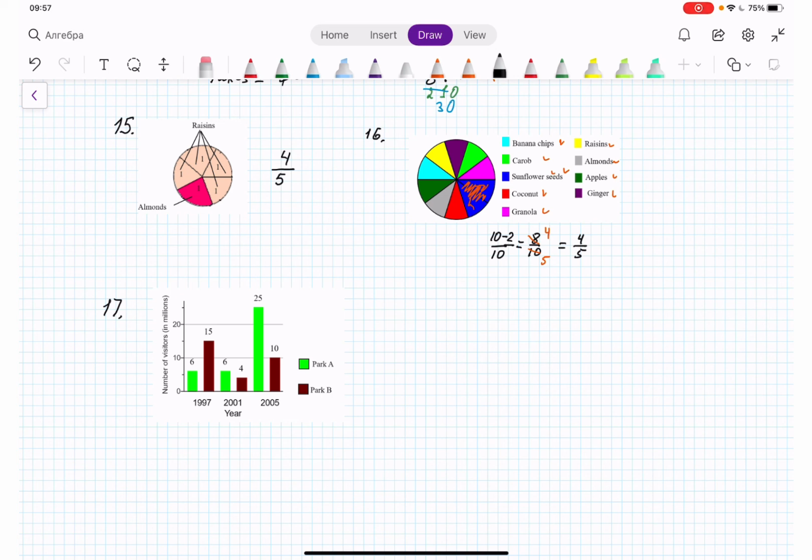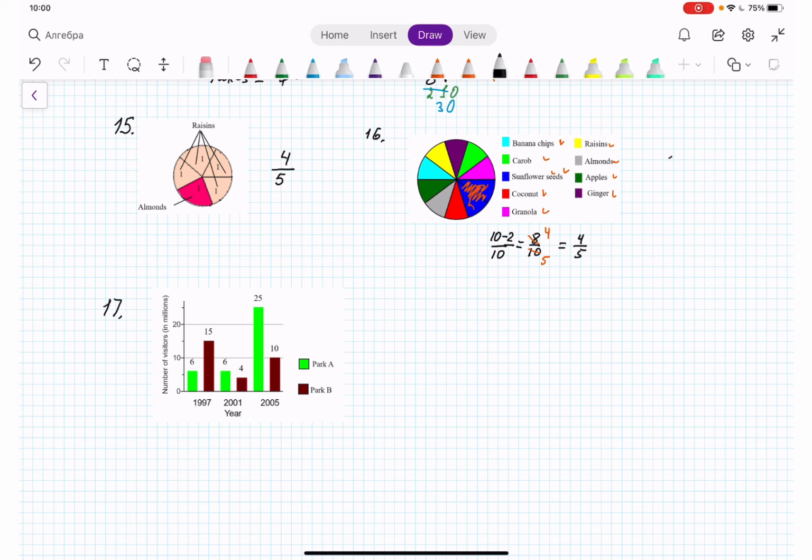What fractional part of the visitors to the 2 parks went to Park B in 1997? Okay, one more time. What fractional part of visitors to the 2 parks, A and B, went to Park B in 1997.